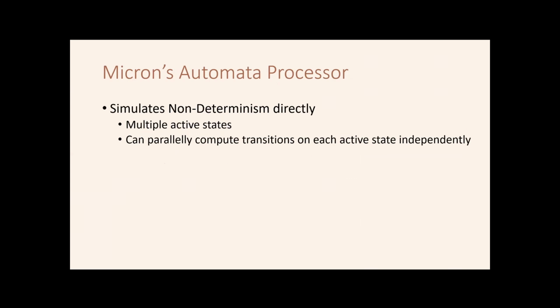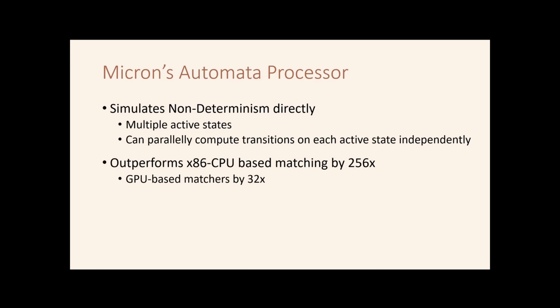The Automata processor can simulate multiple active states, and since this hardware is massively parallel on each of these states, it can compute transitions independently in parallel. So this outperforms CPU-based matching by around a factor of 256, and also certain GPU-based matchers by a factor of around 32.